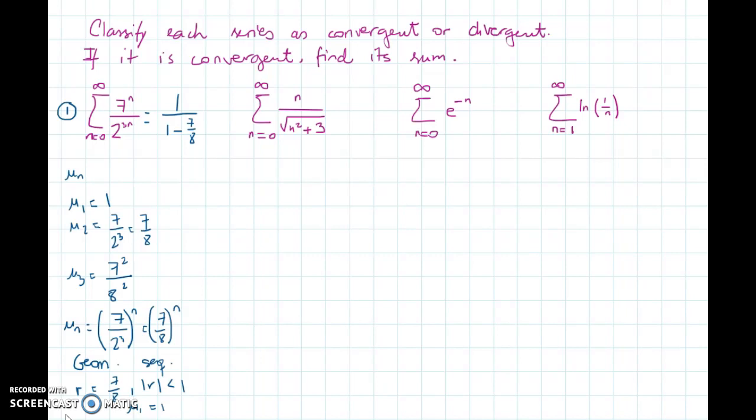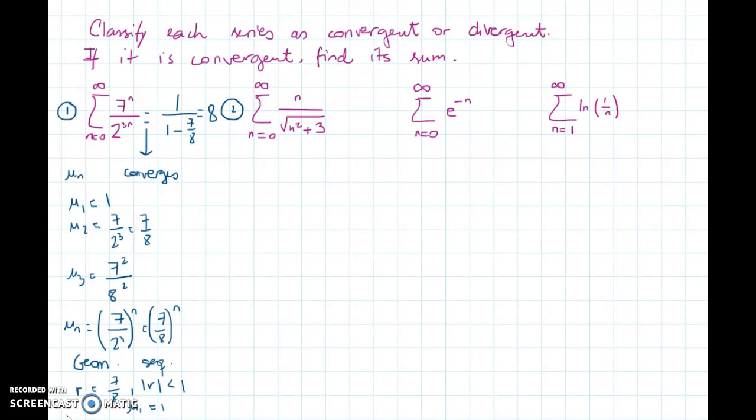Well, I should say, first of all, it converges. Yeah, it's a geometric sequence with the common ratio in absolute value less than 1. So the associated series is a geometric series that is convergent, and the sum, as we see over here, is 8. Let's move on to the next example.